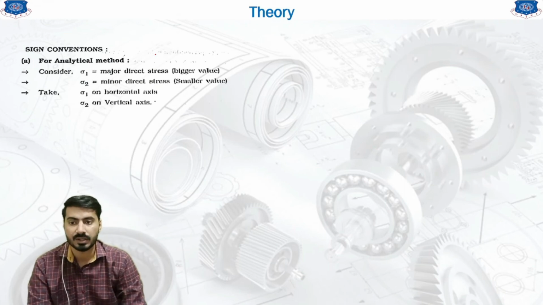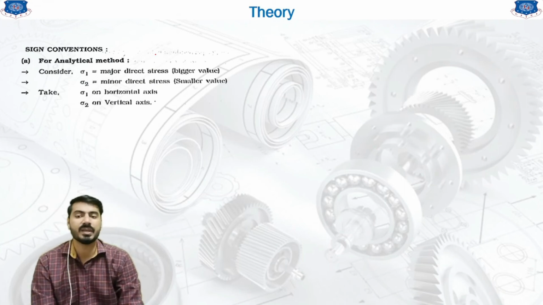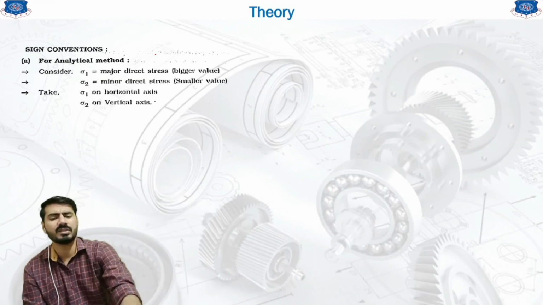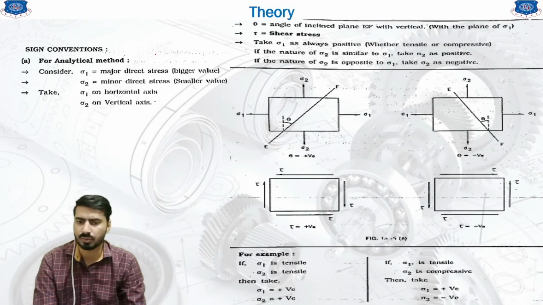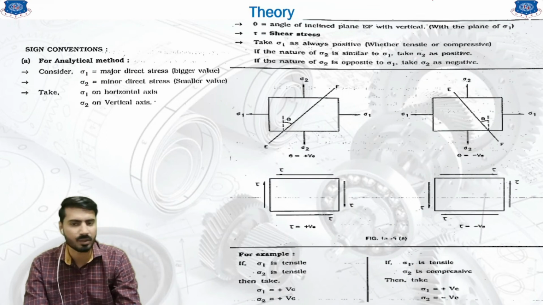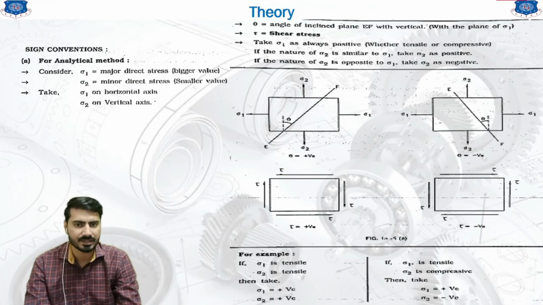First of all, consider sigma 1 as the major direct stress or the bigger value, and sigma 2 as the minor direct stress or the smaller value. Generally, we will term it as sigma n1 and sigma n2, but here we are looking at the sign convention, so generalized equations or terminologies are not required. Let theta be our angle of inclined plane with the vertical, with the plane of sigma 1.